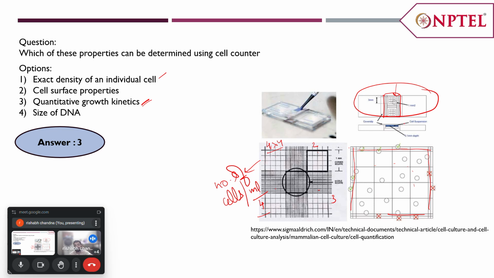Okay, so this is how we use a counter to determine the number of cells or the cell density that is present in a plate. Okay, so it is used to check the quantitative growth kinetics of the cells. Okay, so any doubts in this particular question?